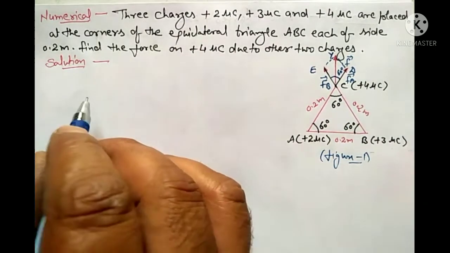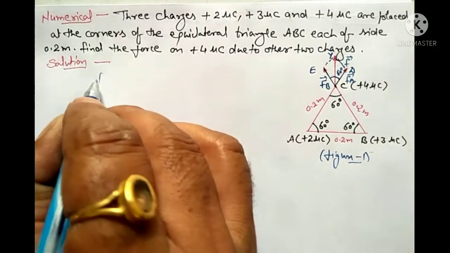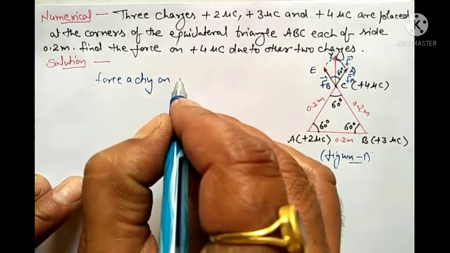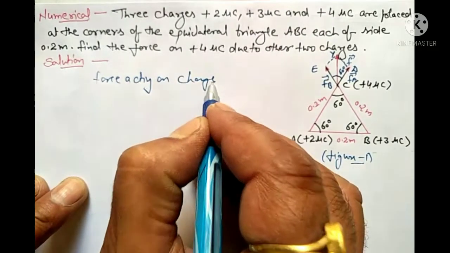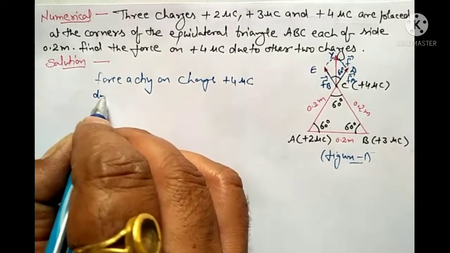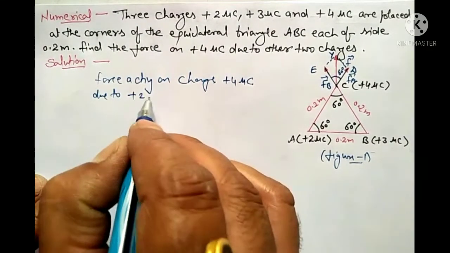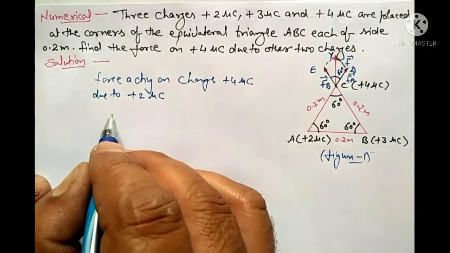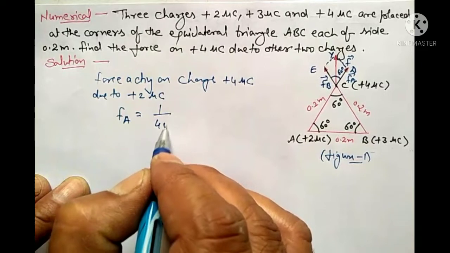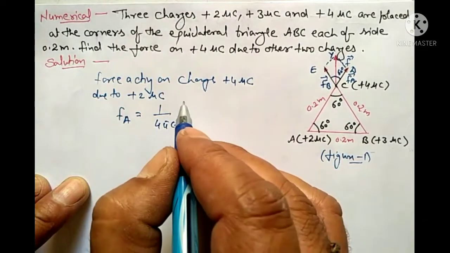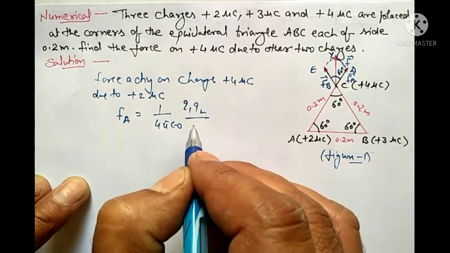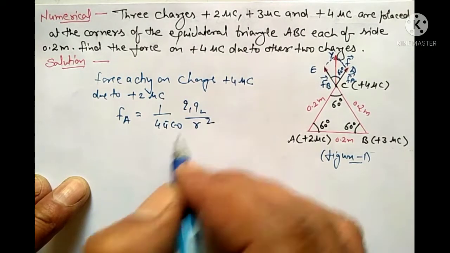So the force acting on charge plus 4 microcoulomb due to plus 2 microcoulomb, Fa, is equal to 1 over 4 pi epsilon naught Q1 Q2 over R square.